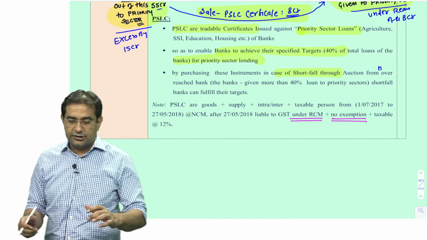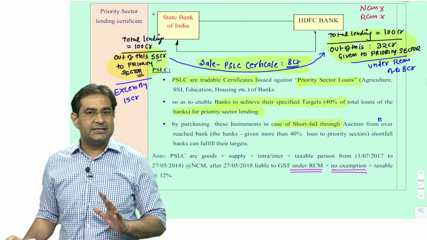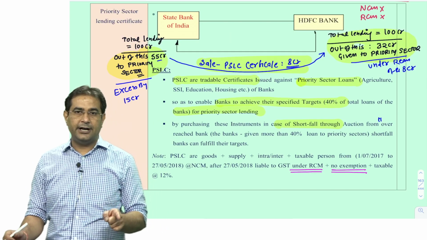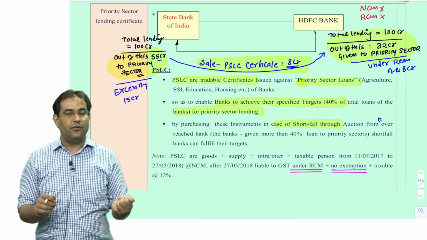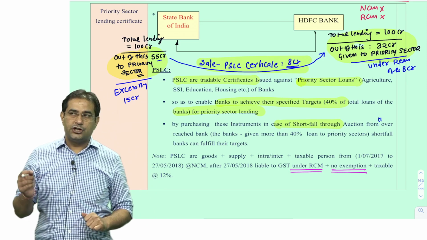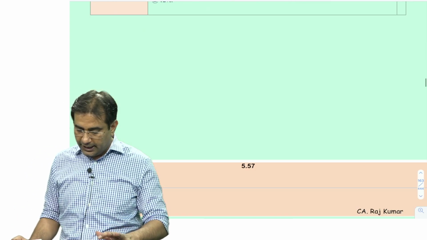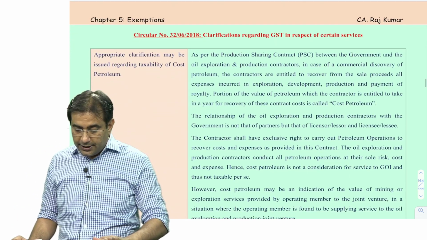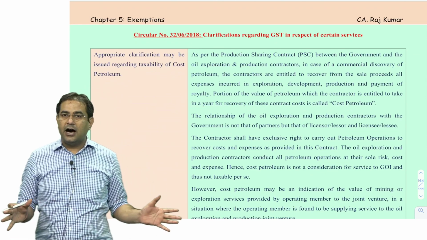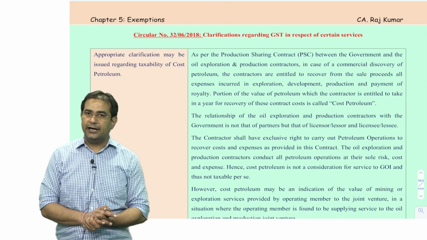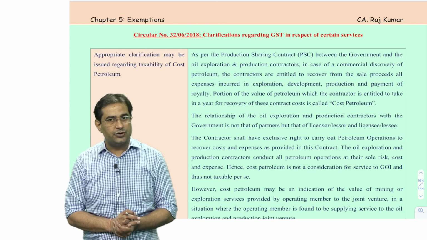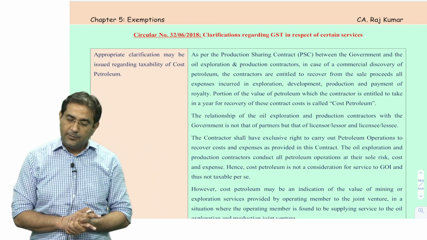That's great, my dear. This was the concept of PSLC, Priority Sector Lending Certificate, that moves from one bank to another bank. Shortfall banks purchase from the overreached bank. Okay. Now another clarification. These are nothing new. These are the industry's queries that are addressed by the board.